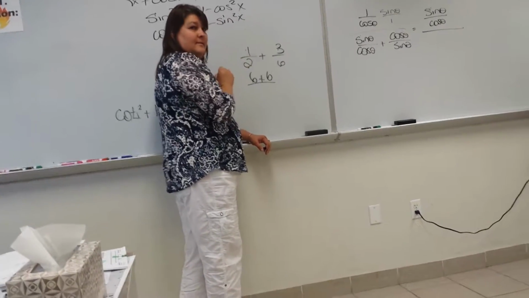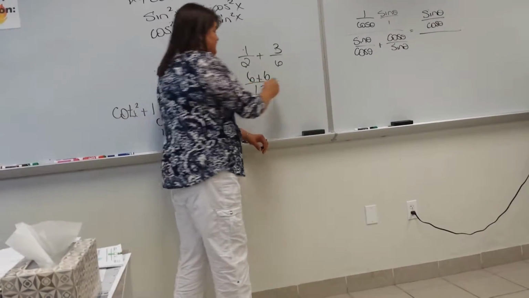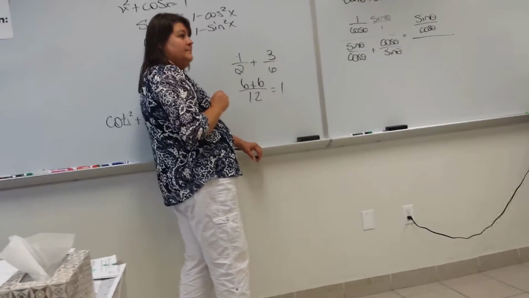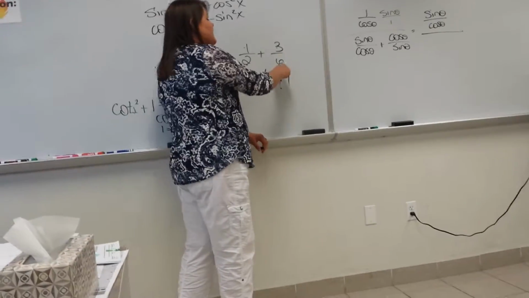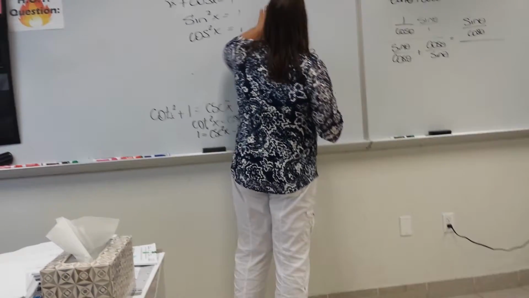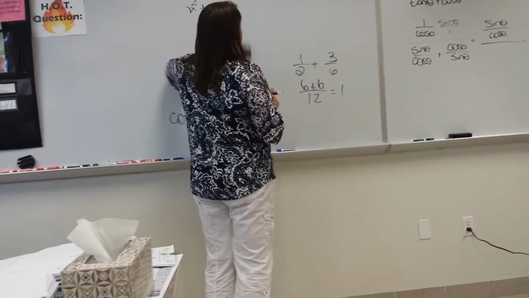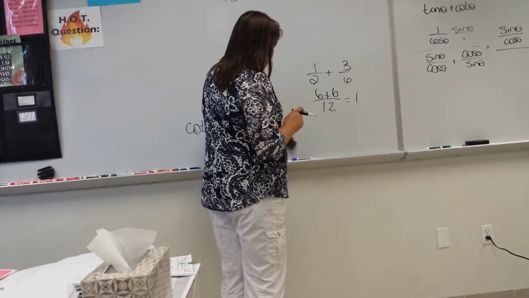Over this times this, 12. 12 over 12 is 1. There's your answer. And why do I start with this one down here? Because you want the numerator of the first term to be the first one, whatever you're multiplying it by.